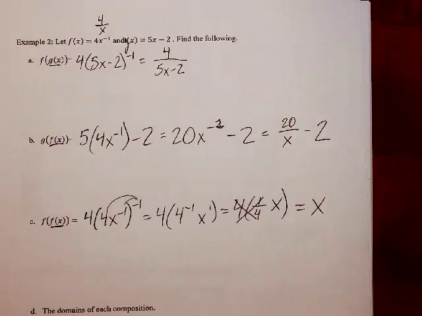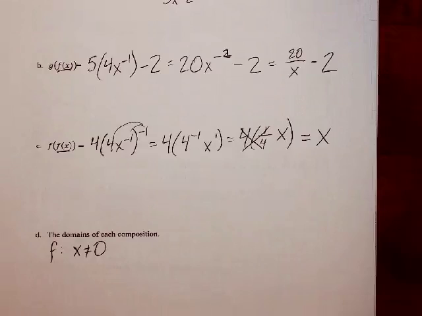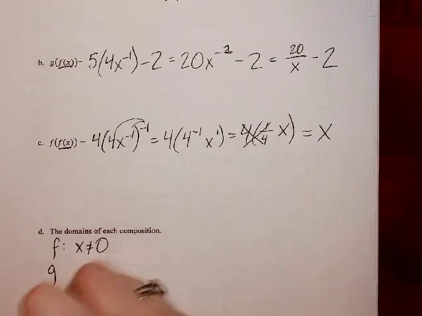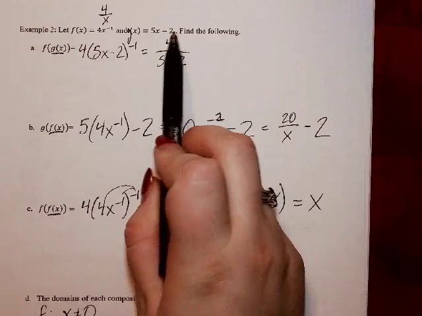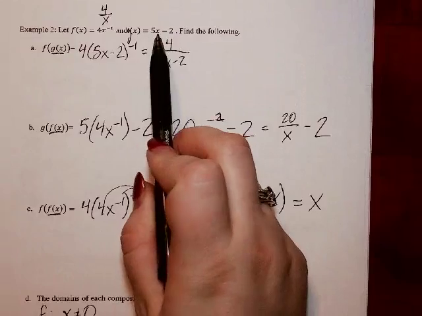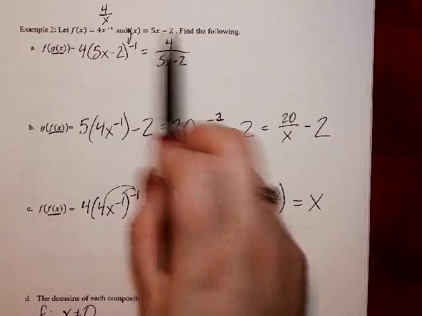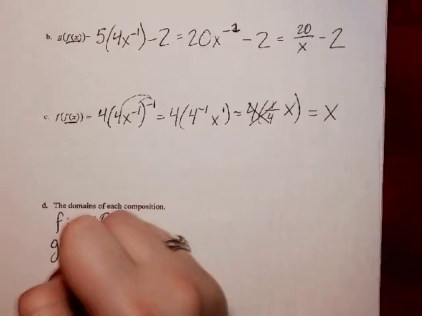So that means that x cannot equal 0. So there's our domain for that one. Then g, move it back down here, we have 5x minus 2. We can put a fraction, we can put a negative, it doesn't matter what we put in here, we'll always get an answer. So for this one, it's all real numbers.